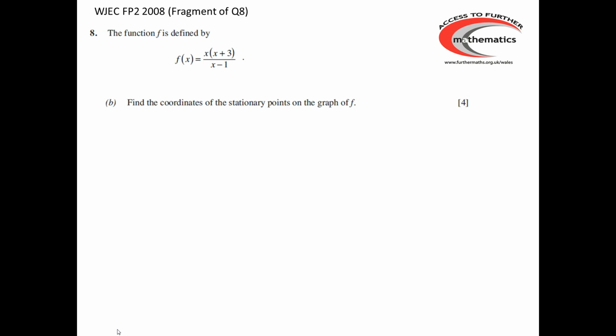We've now got to find the stationary points of the graph of f. So, remembering that we already know that f of x is x plus 4 lots of x minus 1 to the minus 1, then we know that f dash x is 1, take away 4 lots of x minus 1 to the minus 2.